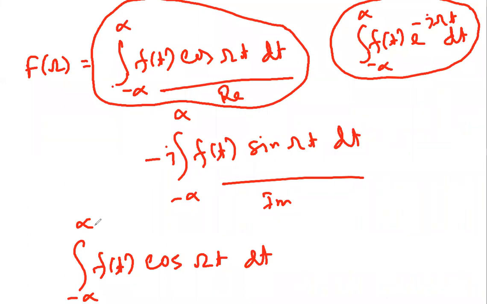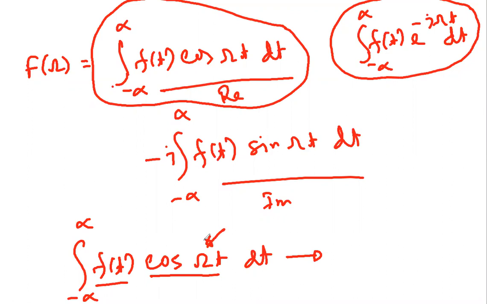Of course, this is known as the correlation. We are doing basically the correlation between f(t), where f(t) is an unknown signal, with a known signal cos omega t. Is cos omega t a known signal to you? The answer is yes, because you know the omega value.